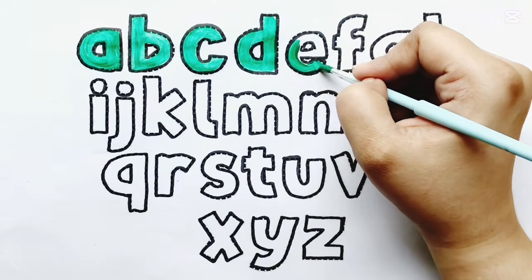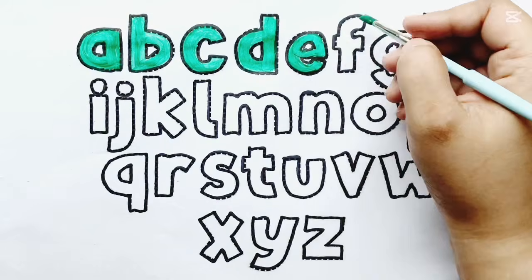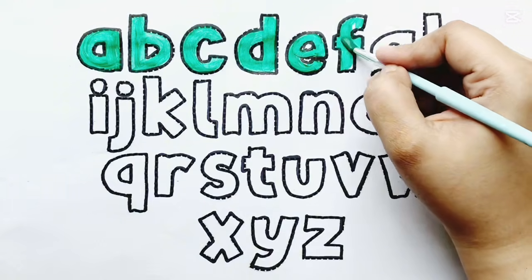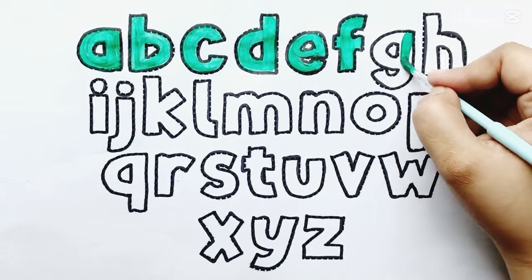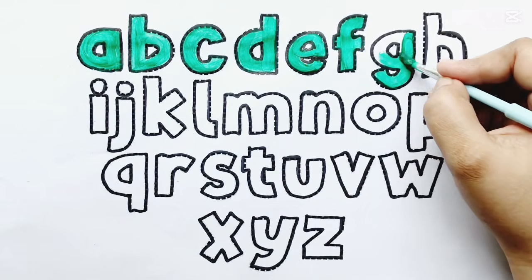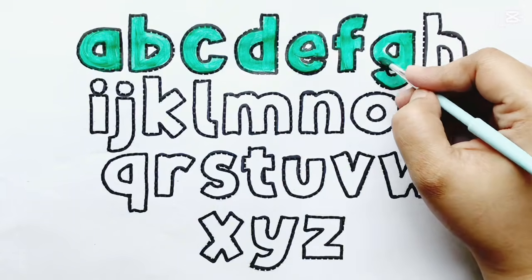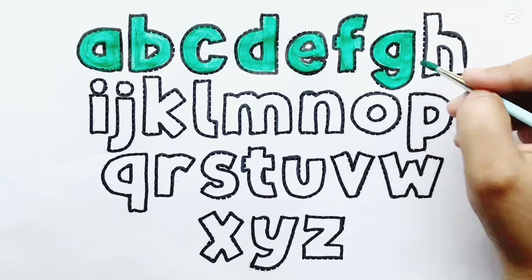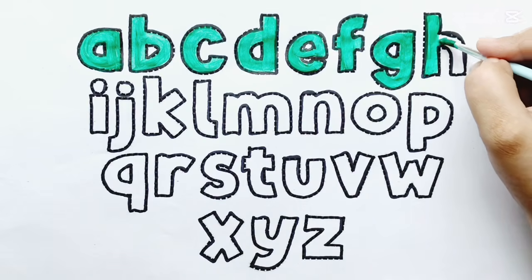E for elephant. F for frog. G for grapes. H for hen.